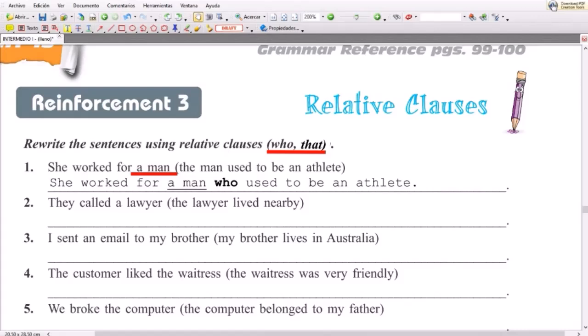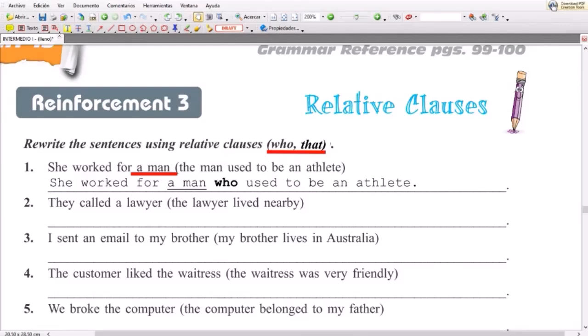You identify which one is the common thing or person or animal, or place, and how can I join those sentences? So easy. She worked for a man who used to be an athlete. That is only one sentence.